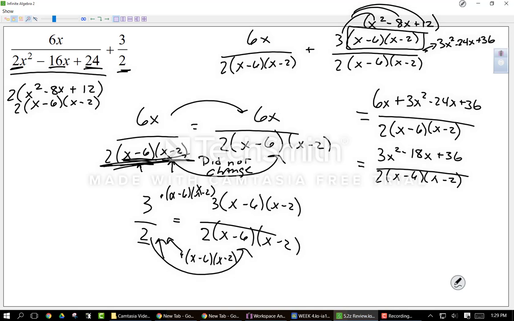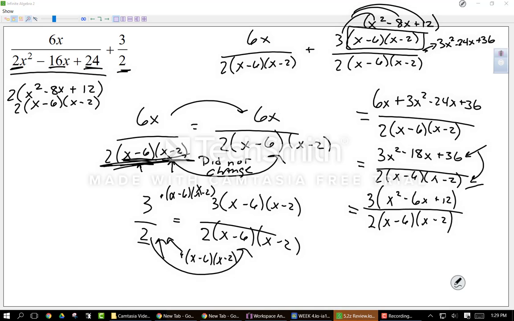Now I need to see if this can become smaller and maybe cancel out with the denominator. Okay, so what does the numerator have in common? It has a 3, and all of them can be divisible by 3, so I'm left with x squared minus 6x plus 12 over 2 times x minus 6, x minus 2.